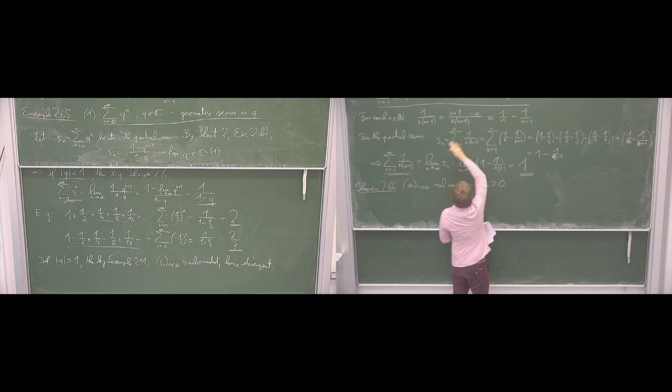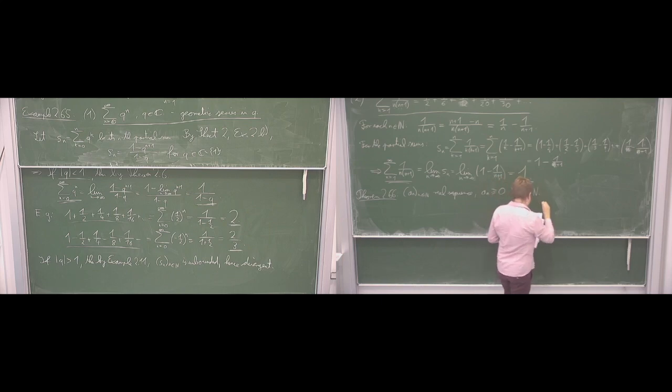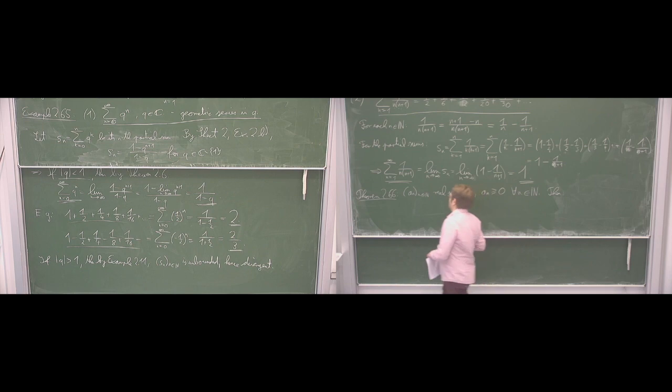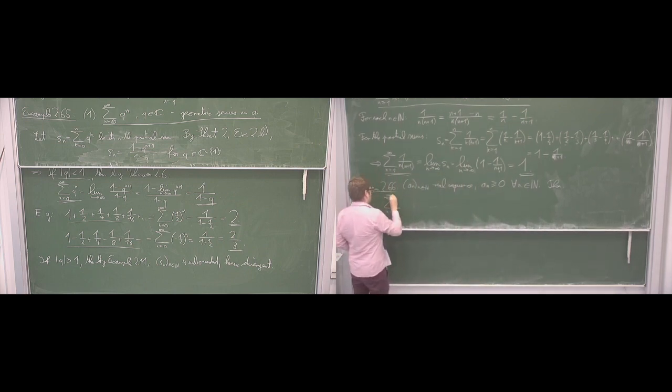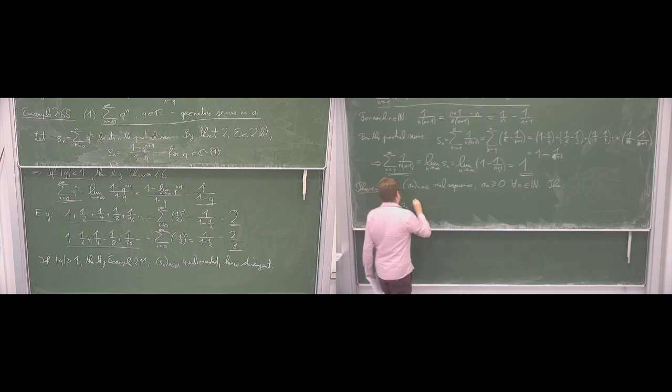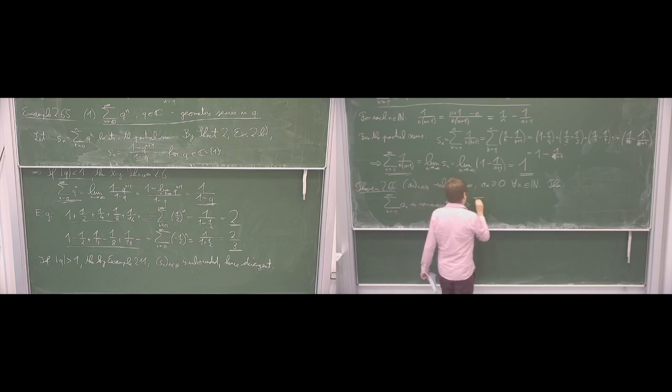For example, this series we had before is a perfect example of this. For all n in N, then the following holds. The series of a_n is convergent if and only if the series is bounded.